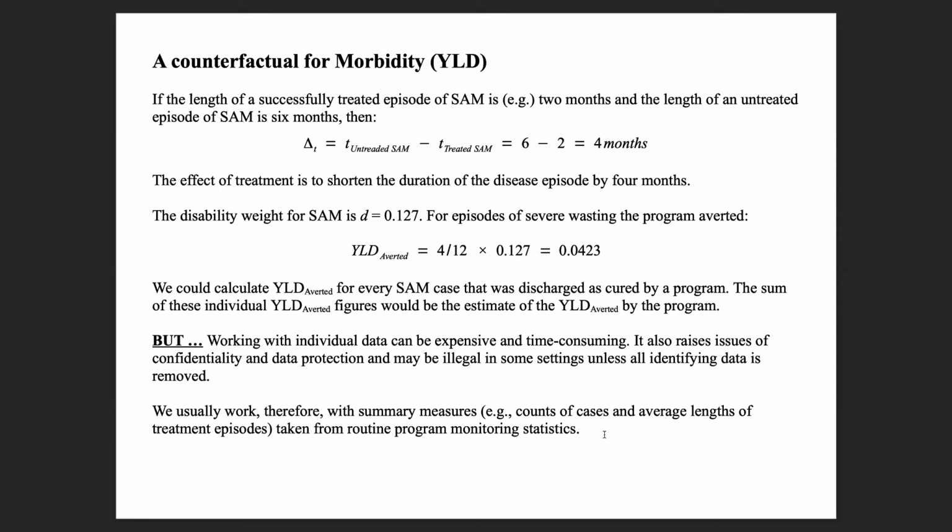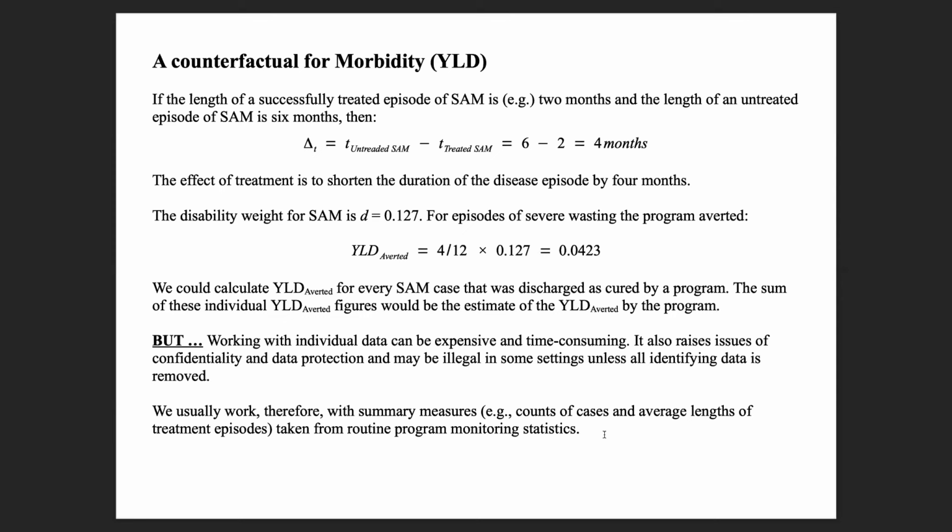Now we could calculate years living with disability averted for every SAM case discharged cured from the program, and we could sum up the YLDs averted figures, and that would give us an estimate of the YLDs averted by the program. But working with individual data can be expensive and time consuming, and we've got issues of data confidentiality and data protection.